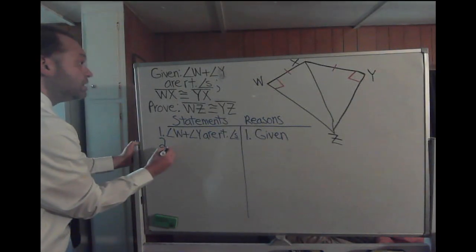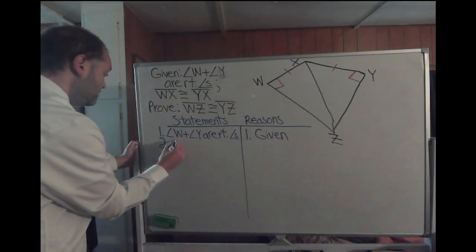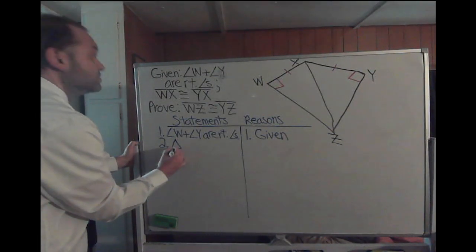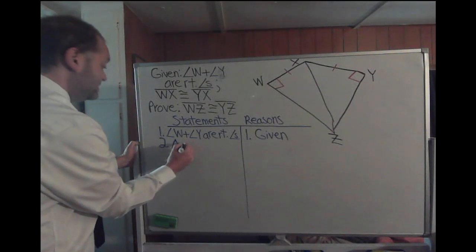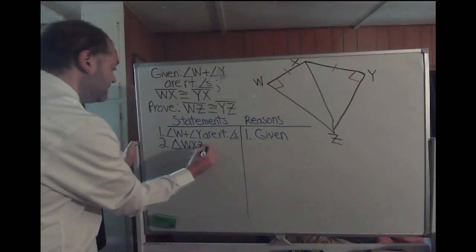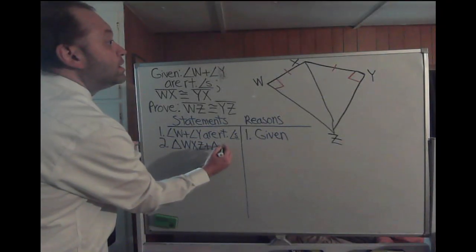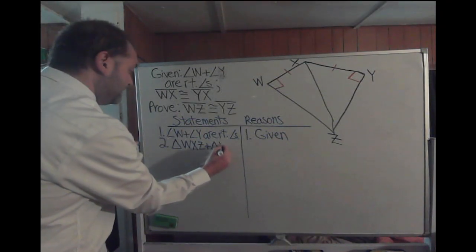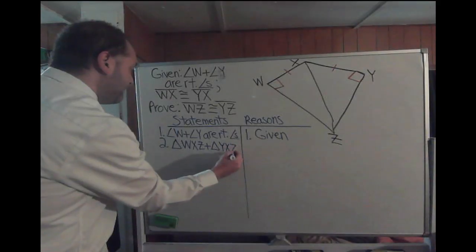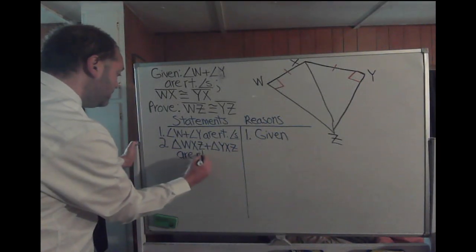Now, by that definition, we can determine that triangles WXZ and YXZ are right triangles.